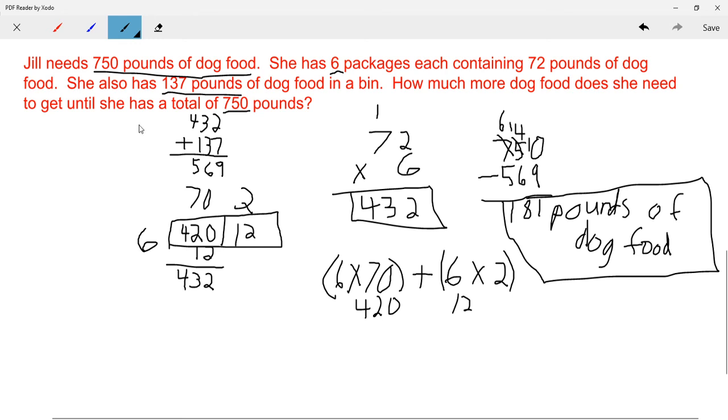So just make sure that after you get the answer, that you actually go back to the question and say, does this answer my question? And 181 pounds of dog food, yes, that is how much more dog food she needs to get until she has a total of 750 pounds. So that does answer the question.